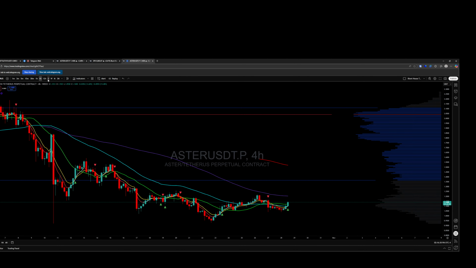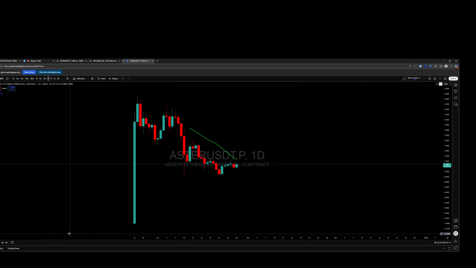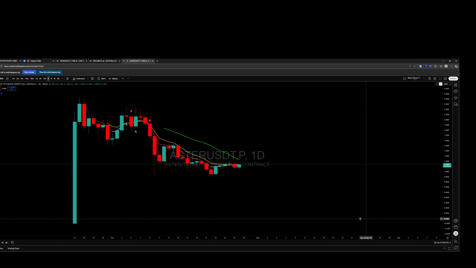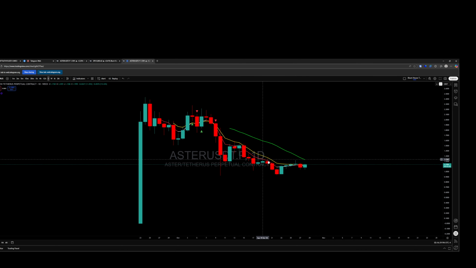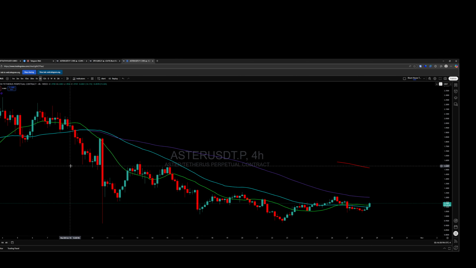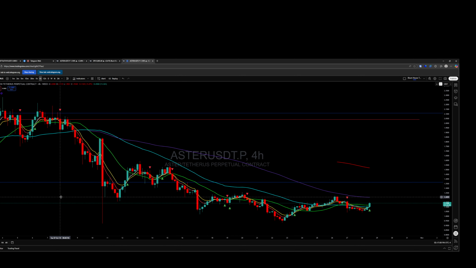My daily, if I can get there, we're trading now a little bit above the T line, and this 20 MA sits at 122.87. I don't have a signal here yet. My 4 hour does.